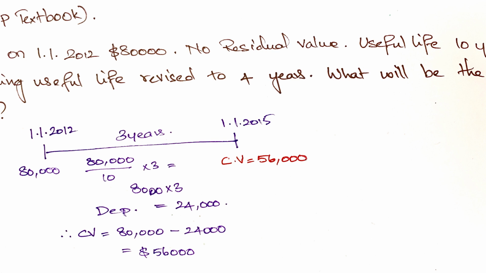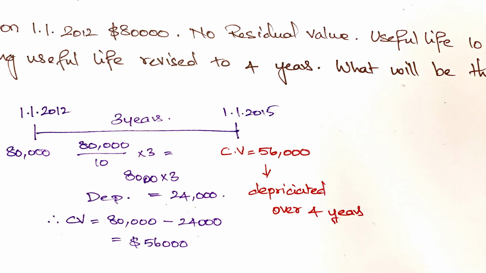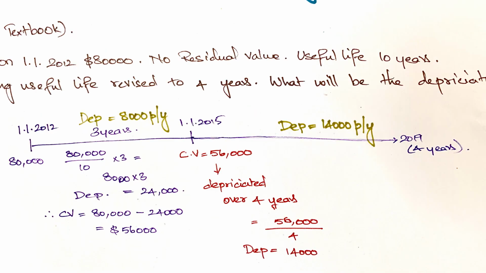This 56,000 has to now be depreciated in 4 years, because right now your useful life is only 4. So that's 56,000 divided by 4, which is 14,000. So from year 2015 onwards, your depreciation charge per year will be 14,000, whilst compared to before where it was 8,000.